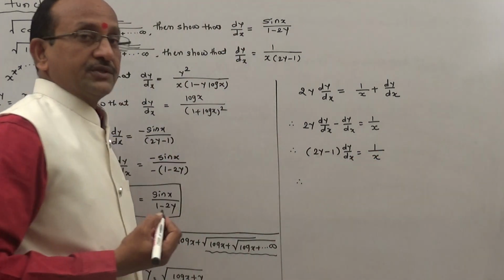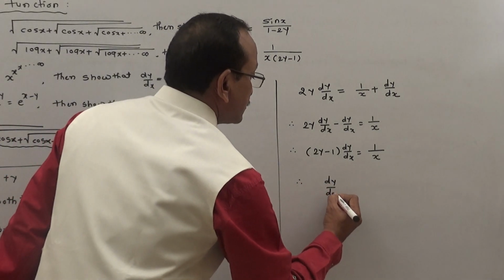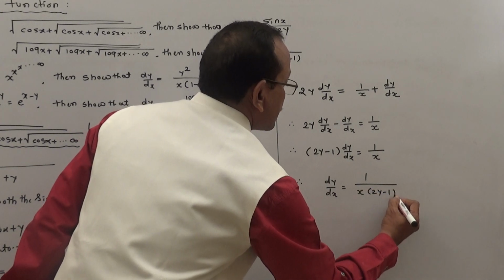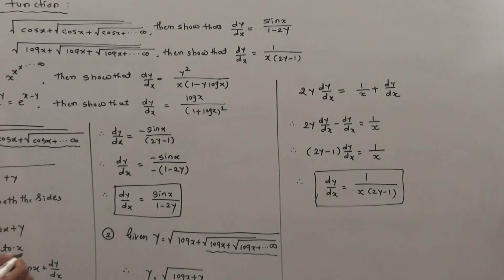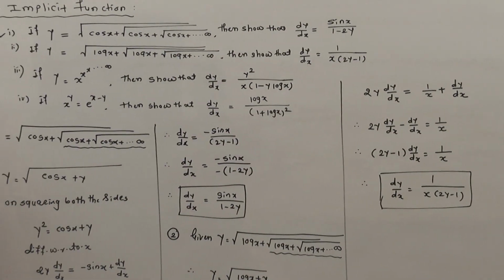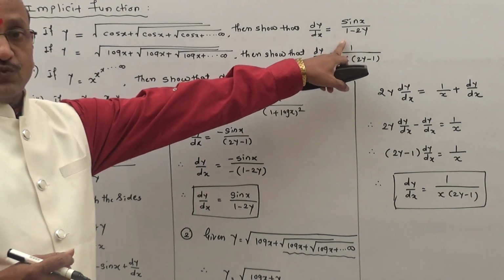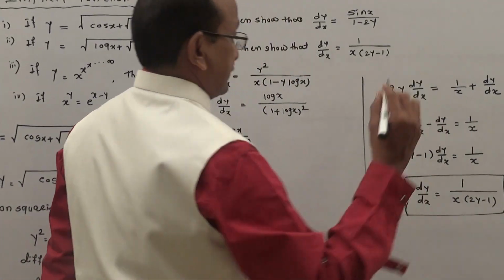So therefore dy by dx is equal to 1 upon x times (2y minus 1), which is the required proof or answer.